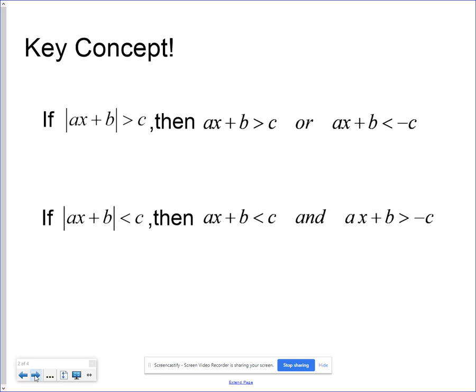So here's the key concept. I would write this down in your notes. We got these two statements. The first statement says, if the absolute value of ax plus b is greater than c, this also works for greater than or equal to, then this is true: ax plus b is greater than c, or ax plus b is less than negative c.